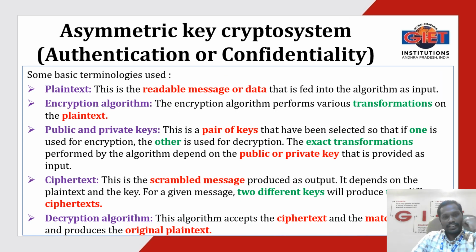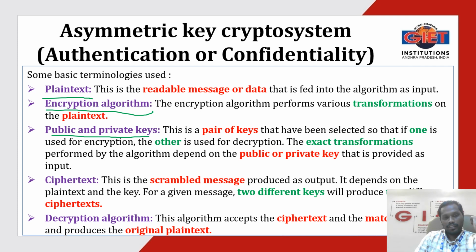So this is the next concept, that is asymmetric key crypto system. In asymmetric key crypto system, which is also called two key crypto system, there are two security services that are offered. So the basic terminologies here are plain text as usual, which is the input for the sender, and the encryption algorithm, which is also the sender side work, and here the public key and private key.